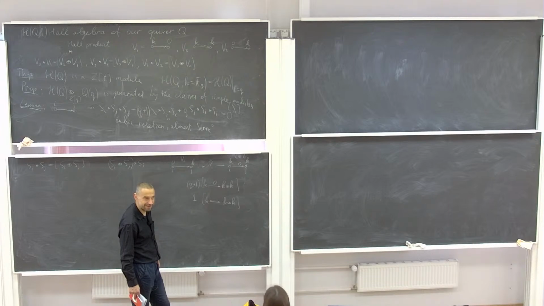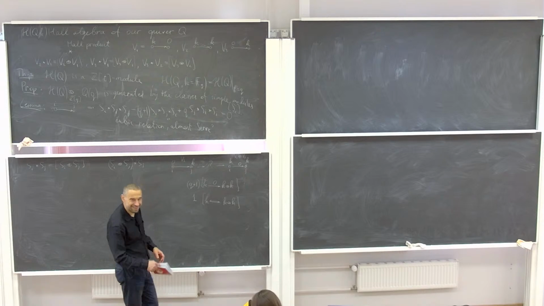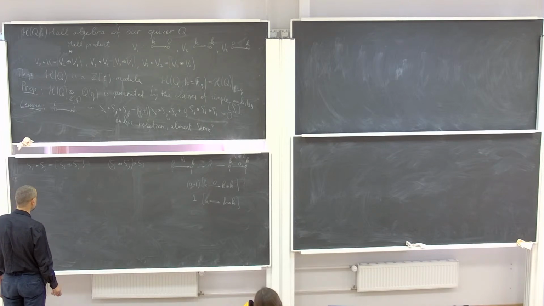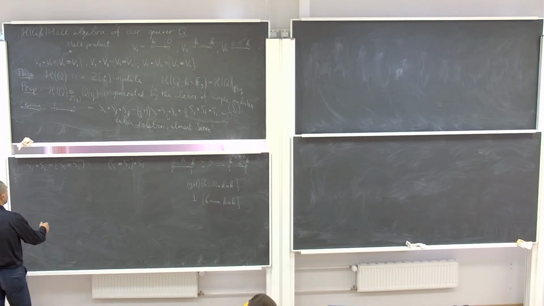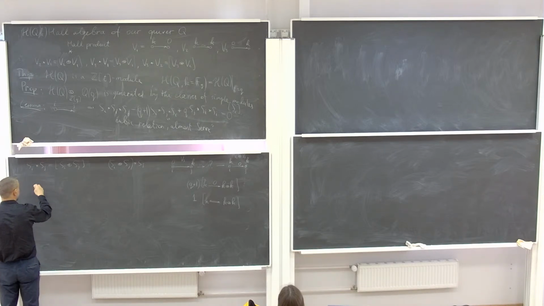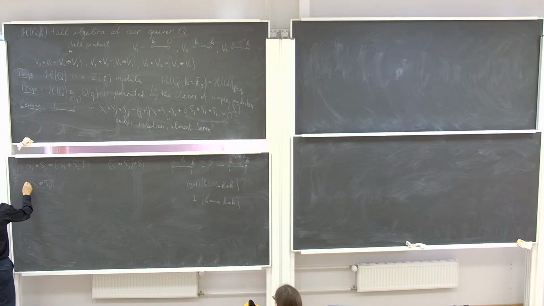Are you dissatisfied? Okay. Now let's compute the second sum. So once again, we know what S_i times S_j is. So we want to compute S_i plus S_j multiplied by S_i on the left.